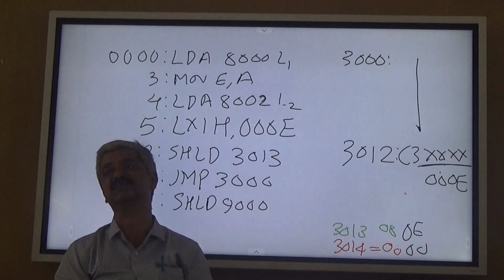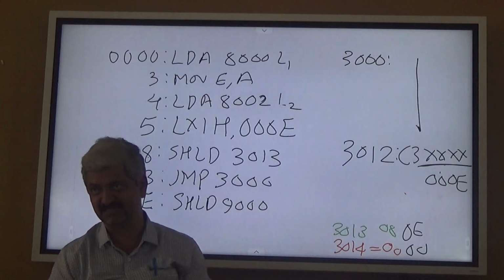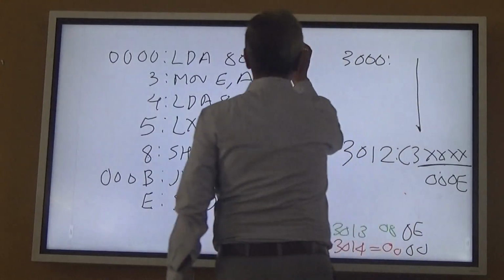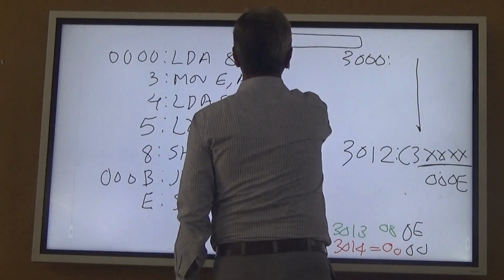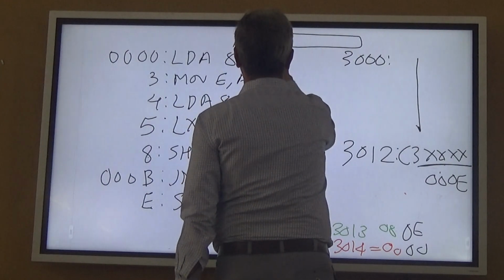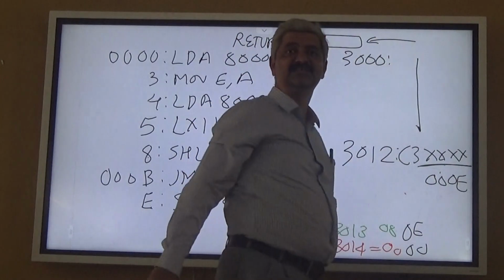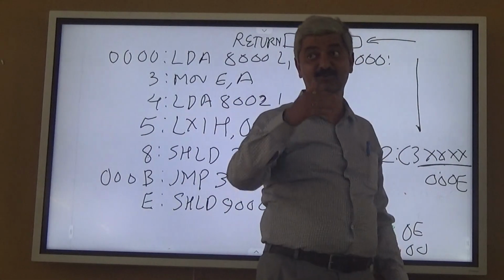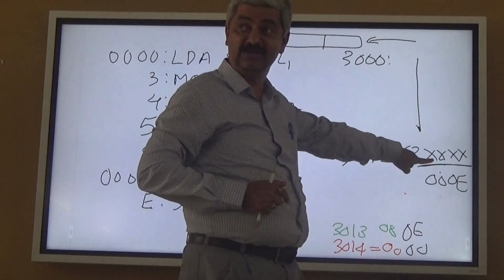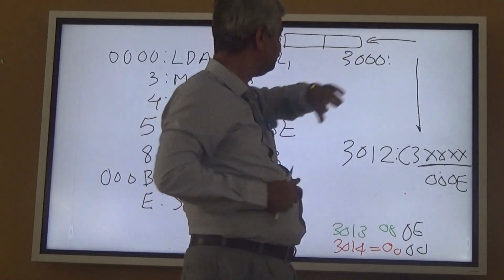For that purpose, let us say there is some additional register inside the processor, which I will name the return register. A 16-bit register, the return register. Now I am telling you the earlier approach is good, but the problem is it must be in read-write memory, and many times routines are fixed.